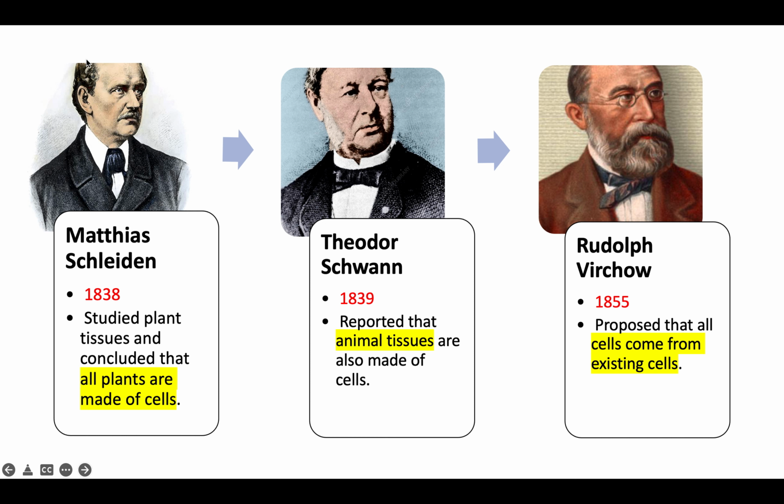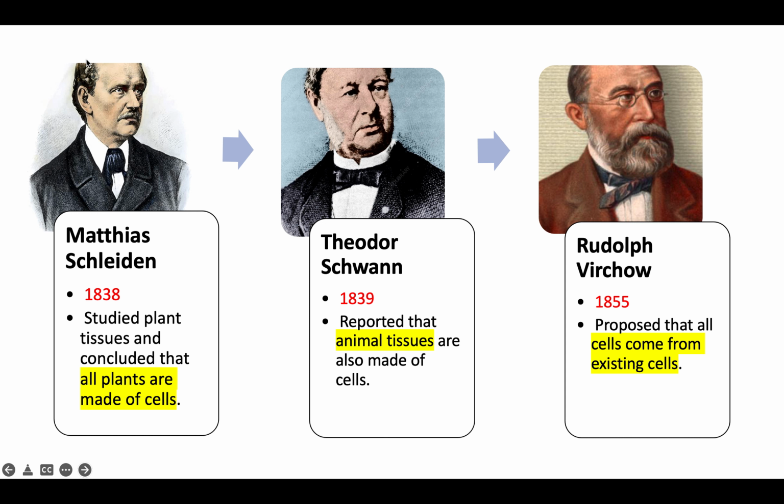Like I said, the cell theory, or the idea that the cell is the basic unit of life, didn't just happen in one day. It actually had gone through years of study, as well as people that worked with the idea that the cell could be the basic unit of life, starting with Matthias Schleiden in 1838. He was a botanist who concluded that tissues of all plants are made out of cells.